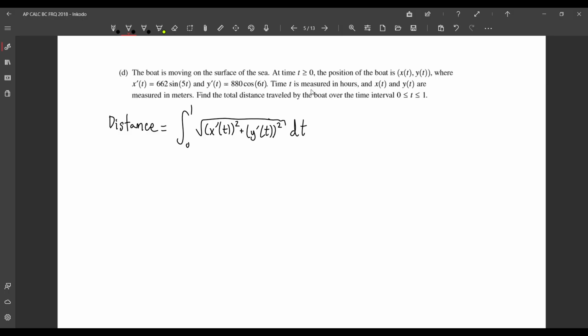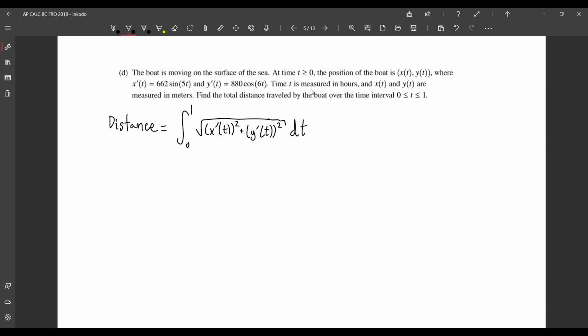I'm just going to plug in x prime of t and y prime of t and use a numerical integrator because I don't see a very nice integral to do by hand. And again, it's the calculator section of the FRQs, so might as well make the most of it.